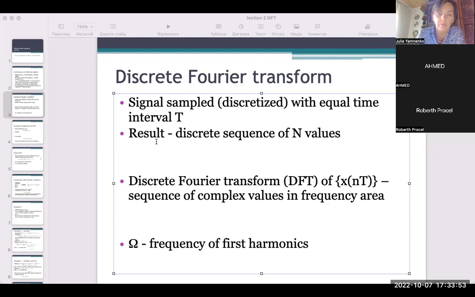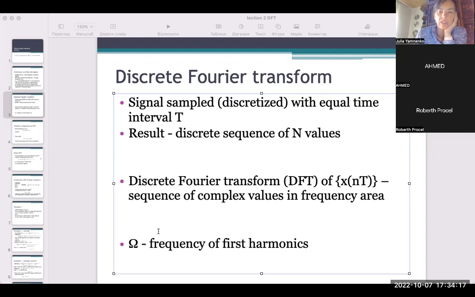So when we write F_D, it means that we should apply the formula of the direct Fourier transform to some sequence, some time dependence. And k is the number of the harmonic, like in the usual Fourier transform as well.